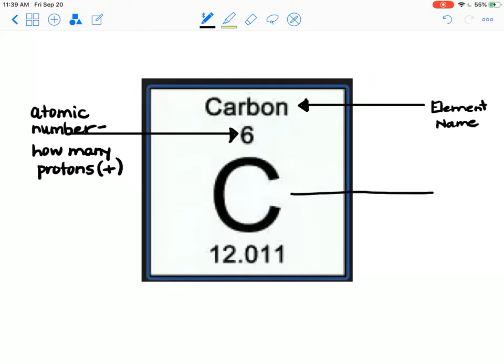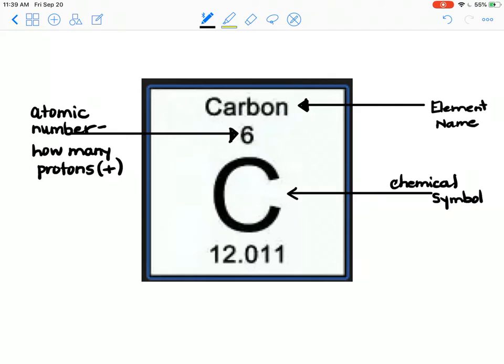This is called the chemical symbol. So when you write chemical formulas, and we're going to do some of that, you don't want to have to spell out carbon every time. That would get very complicated. So this is a chemical symbol. It is a capital letter.